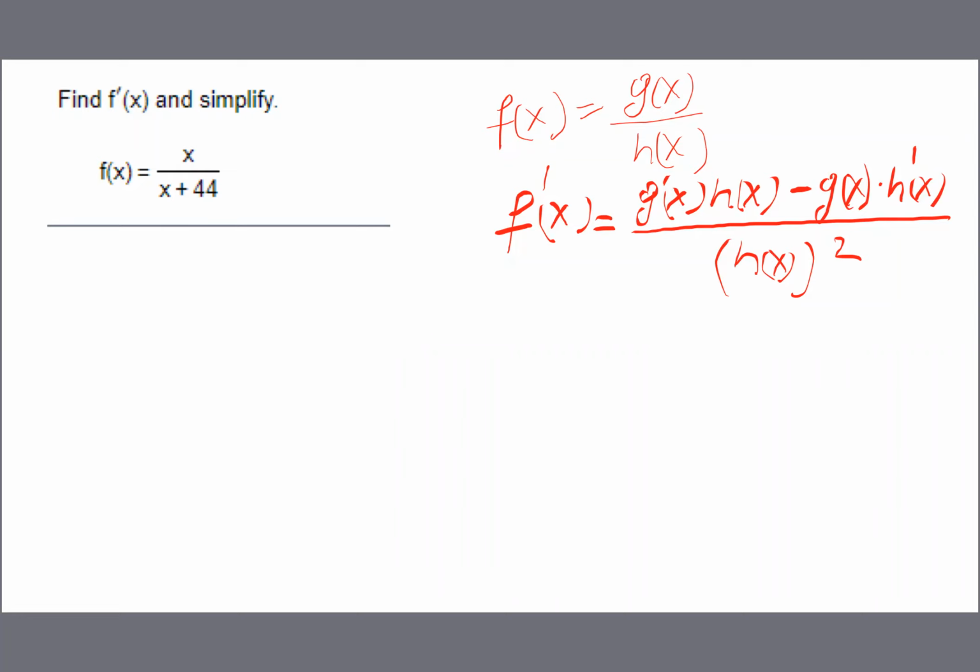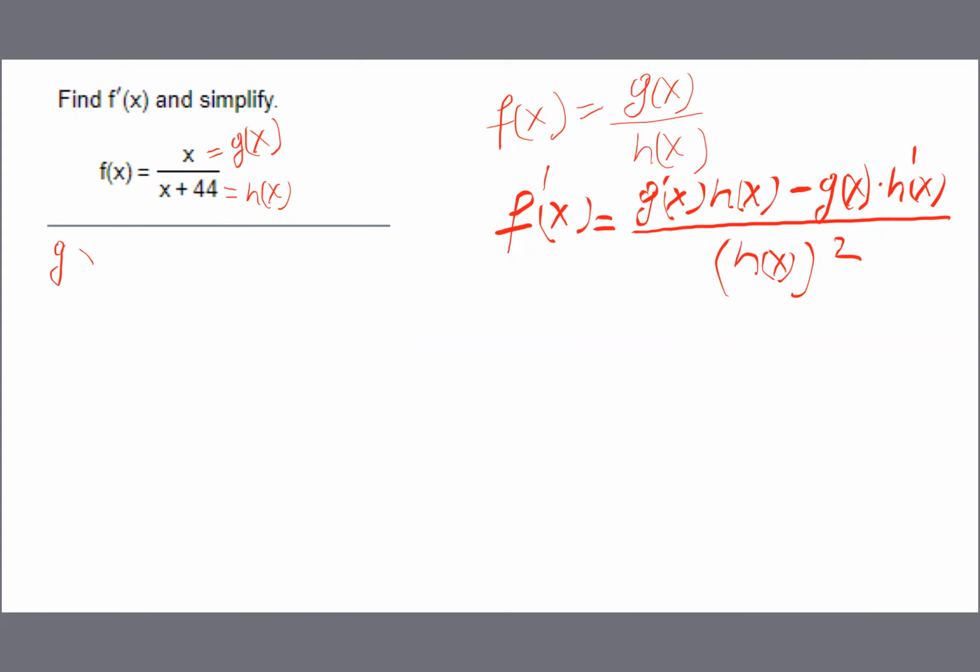Okay, so our f of x is x over x plus 44. So g of x equals the numerator, and h of x is the denominator.